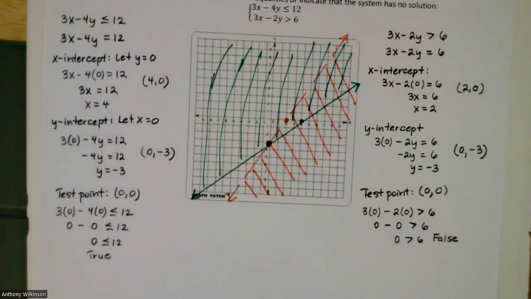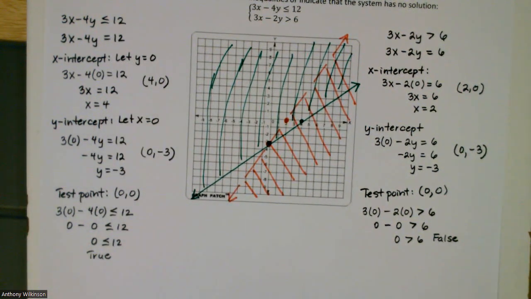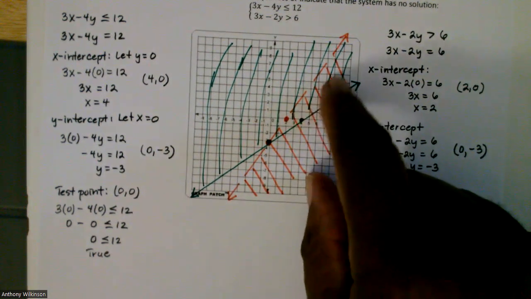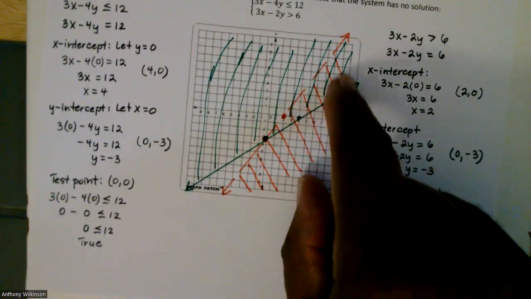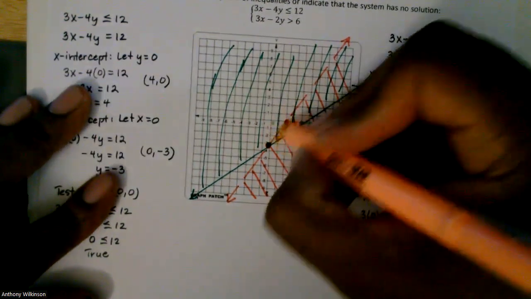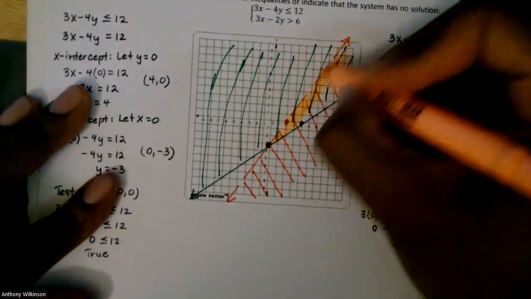All right. Now, I need to find the intersection of those two shadings, or the intersection of the red and the green. And that's going to be this part right here. So the final shading would be the one that's in orange that I'm about to shade in orange right now.